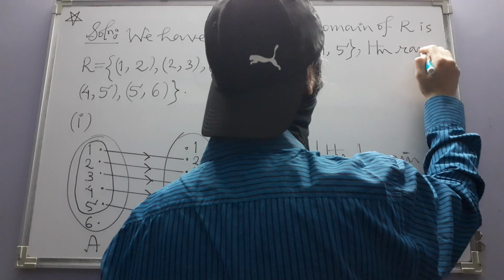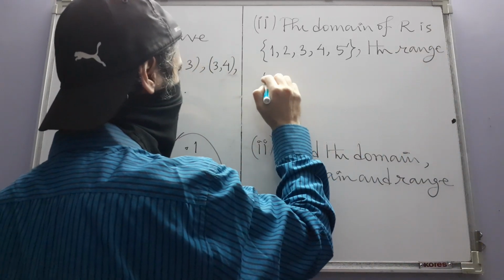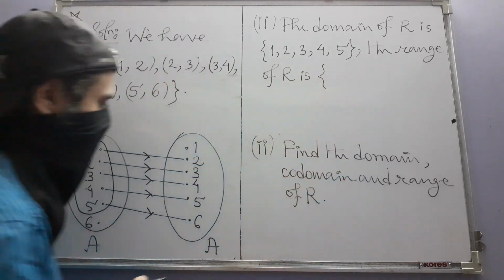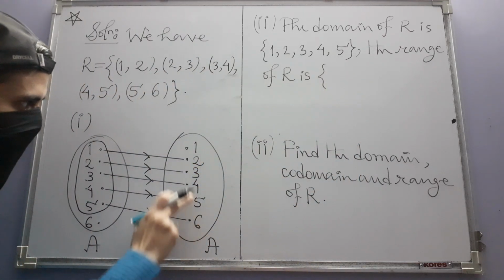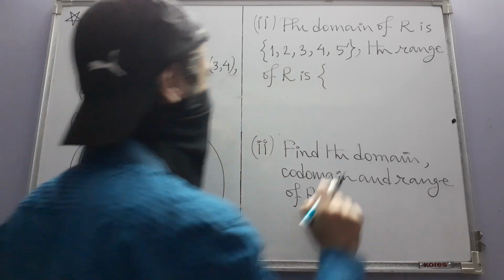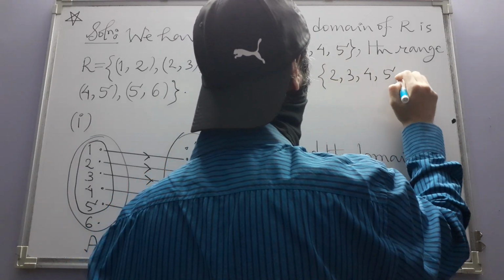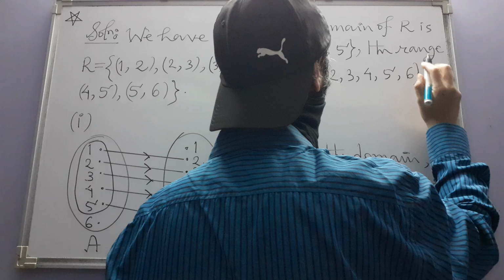The range of R, on the other hand, has everything in A except 1. That means 2, 3, 4, 5 and 6.